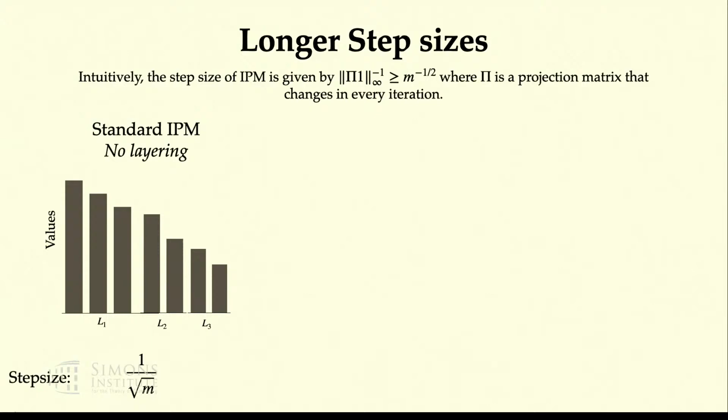Okay, so intuitively, why your step size is bounded by root m is the following. In every iteration of an interior point method, you project the all ones vector onto some subspace, and the step length is proportional to the supremum norm of that projection. Now the all ones vector has norm root m, so the supremum norm can be up to root m, and this is why you get your step size.